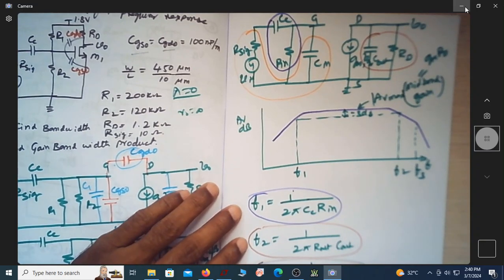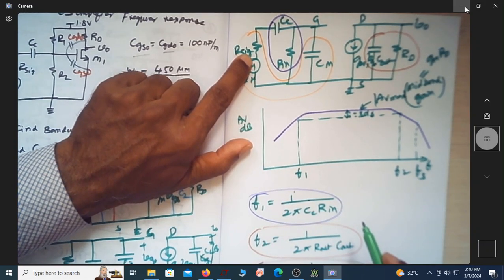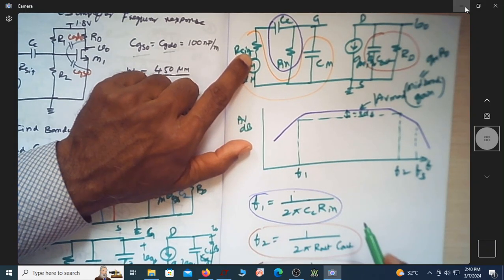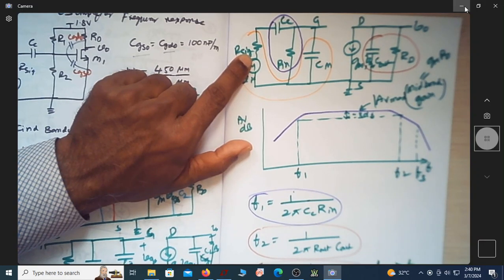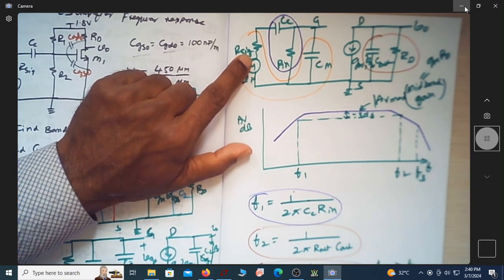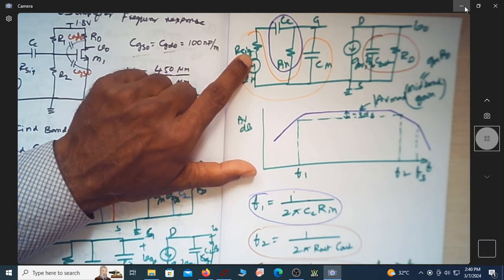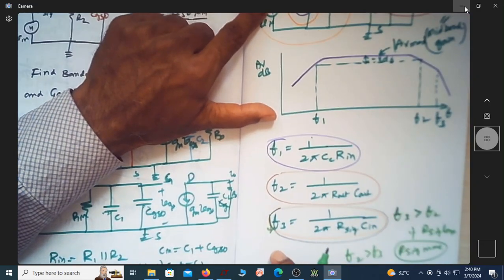Now one more very important thing to understand is, depending on the value of R signal, suppose if R signal value is less, then F3 is always greater than F2. If R signal is more, then F3 comes down, so F2 may be far greater than F3.